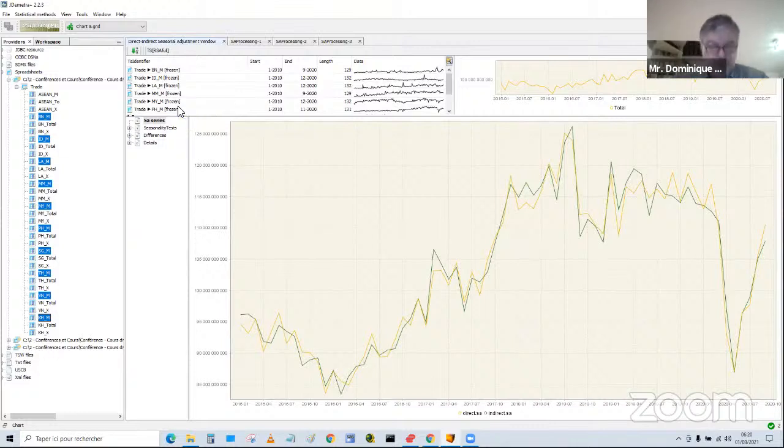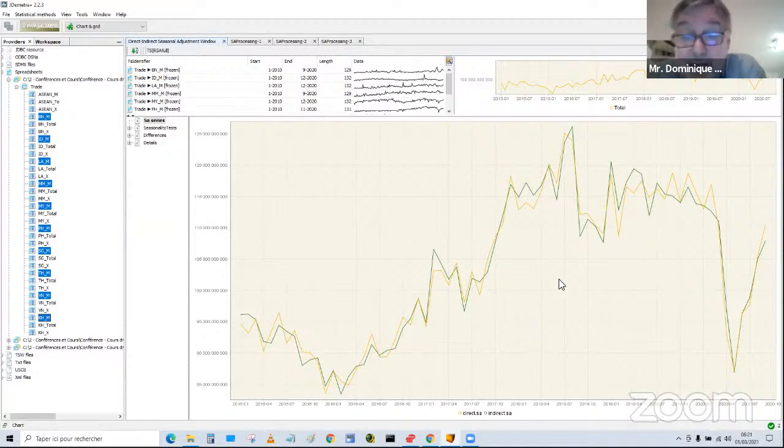So the first one, I directly adjust the aggregate, and the green curve, I adjust each component and I make the sum. And so you see that you have two different results. They are not so different, to be honest. They are different. I'm not going to say that the orange curve is equal to the green curve. But think about it, they are not so different.